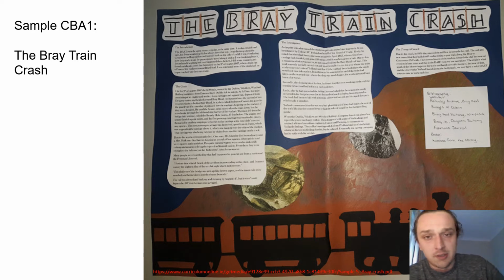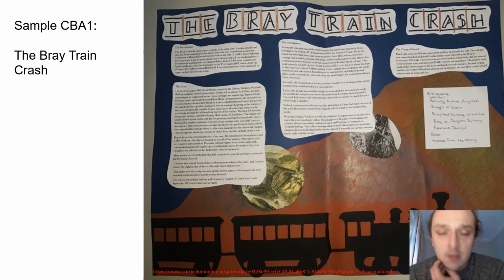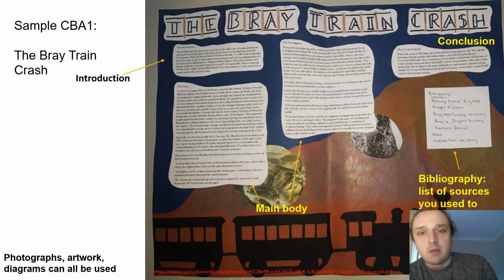And you can see here there's 5 different blocks of text put down on the poster, and there's a few images there as well. Now we'll go into that in a bit more detail just so you can understand what you're looking at.